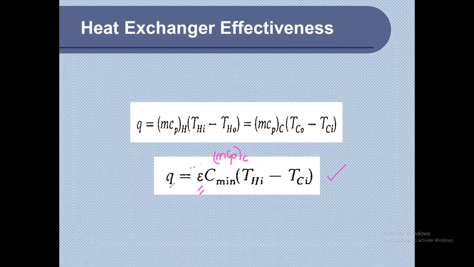This Q, which is the product of these three, which has now the effectiveness, is also equal to this. So all these three Qs are to be equated and they are equal. So whether you get the amount of heat transfer based on the amount of heat transferred or rejected by the hot fluid, or the amount of heat received or absorbed by the cold fluid, that's the same amount of heat that could be solved using this effectiveness equation. Okay?